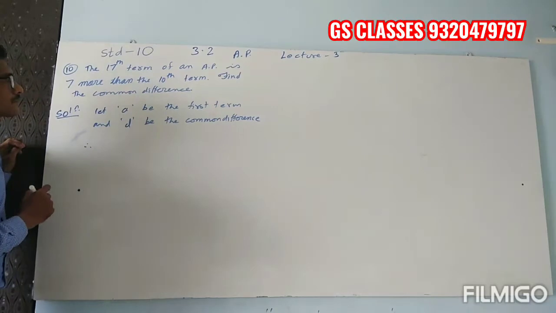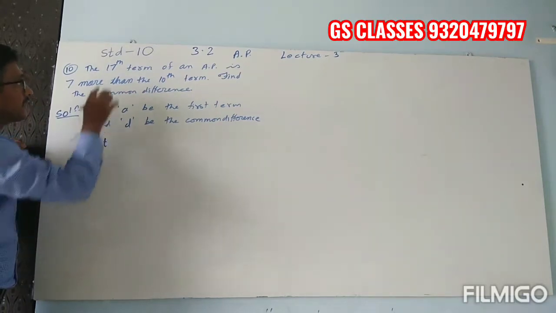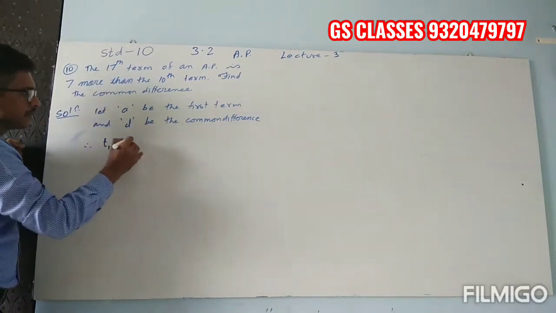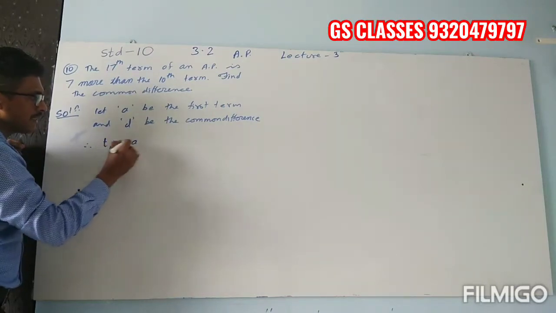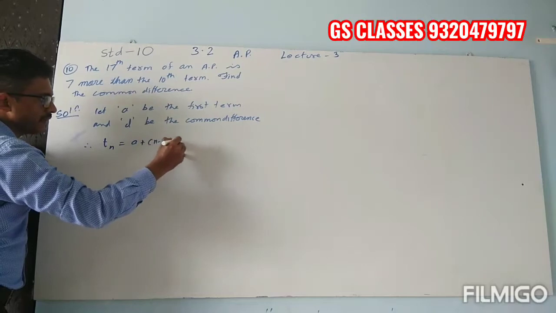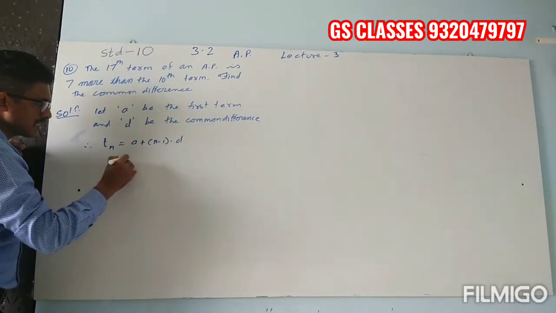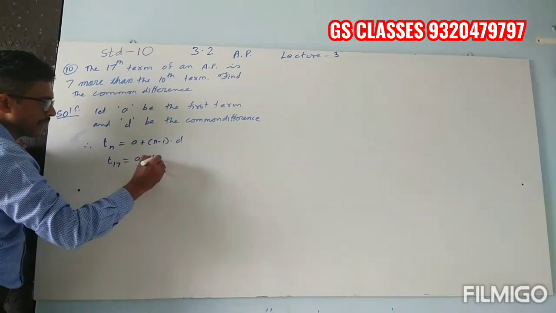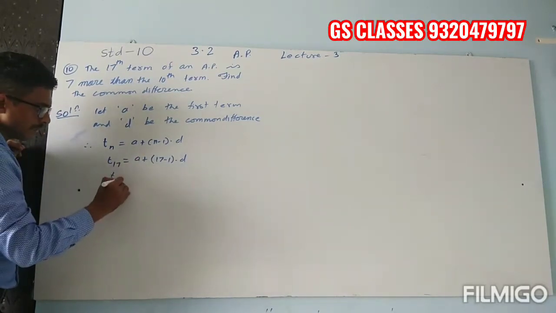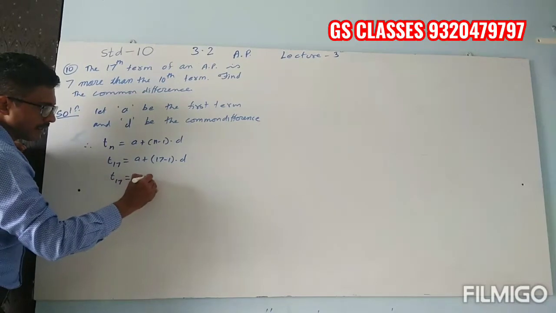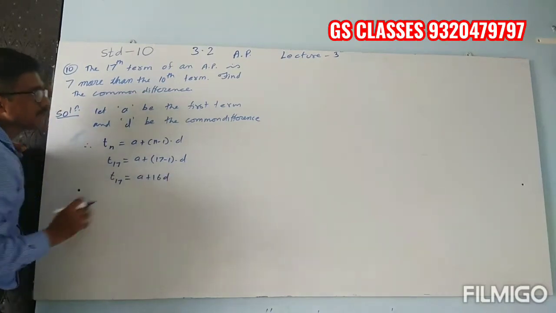So T17 is going to be, I know with the formula, Tn is A plus n minus 1 into D. So T17 is going to be A plus 17 minus 1 into D, and T17 will now be A plus 16D.